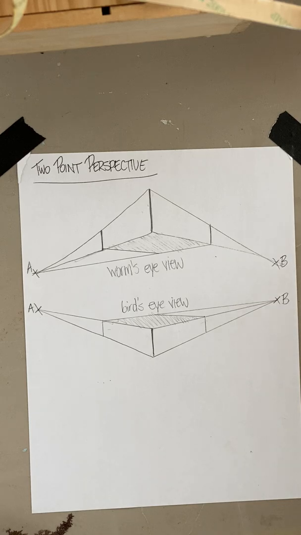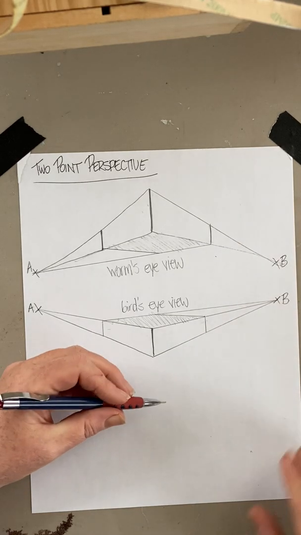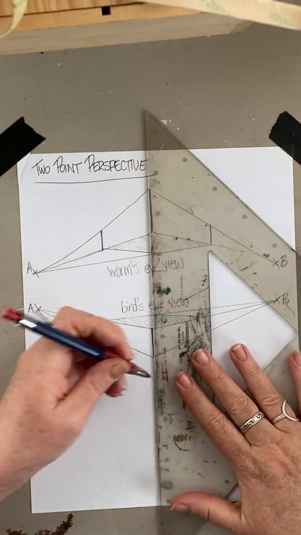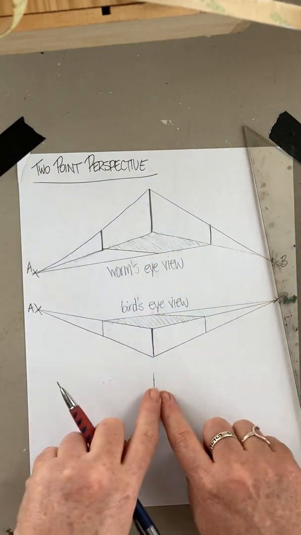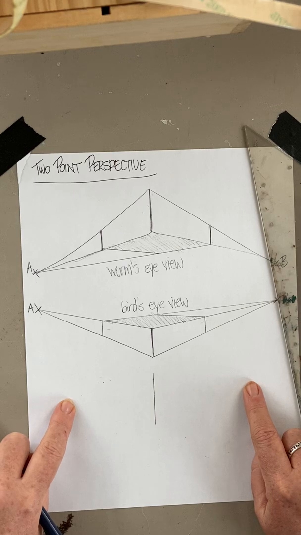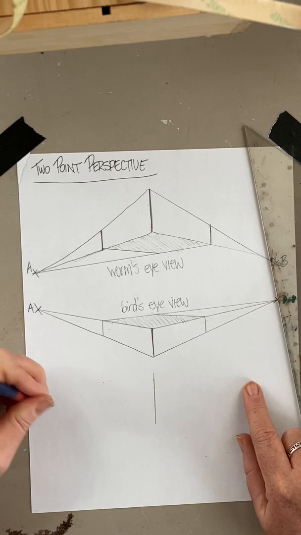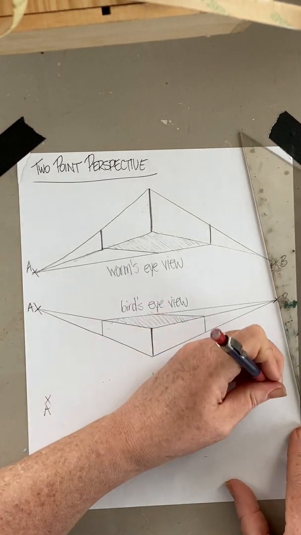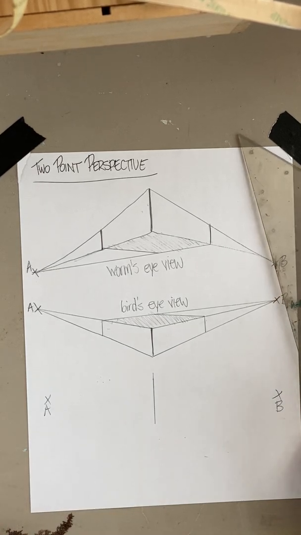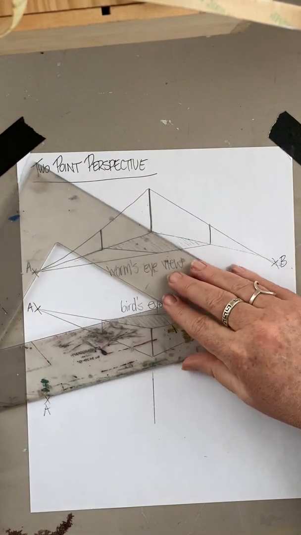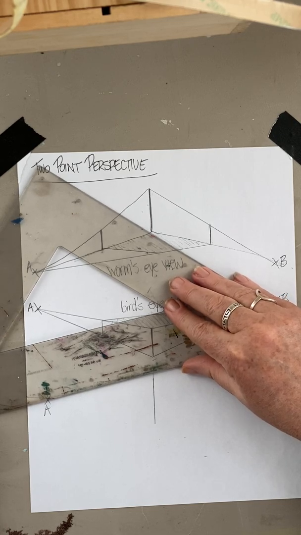And the last view is the human view. So we're going to again start with your vertical line. And remember that when we're doing a human view, it means the X's are beside what we draw. So again, I'm going to put one here, put one here. Just a reminder, you want to try to keep those X's as far away from the thing you're drawing as you can, because stuff can get pretty messed up when you get close to those X's.